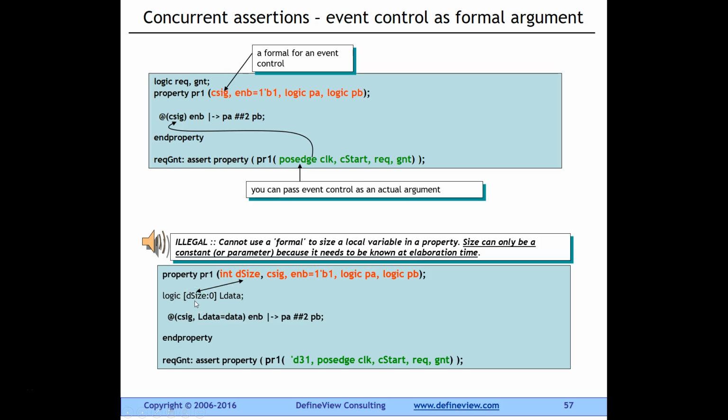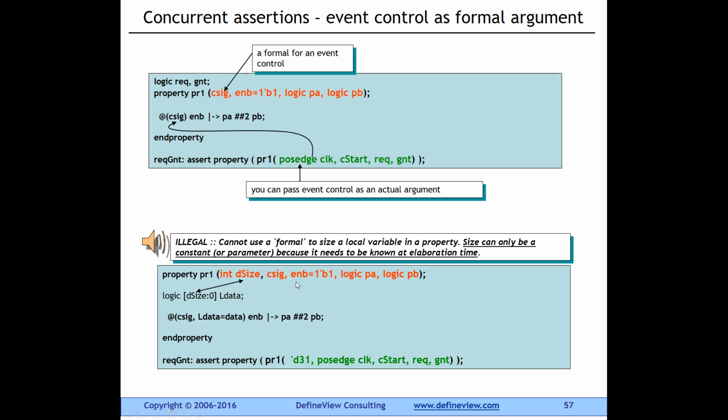But you cannot do this. You cannot use a formal to size a local variable in a property. The size can only be a constant or parameter constant because it needs to be known at the elaboration time.